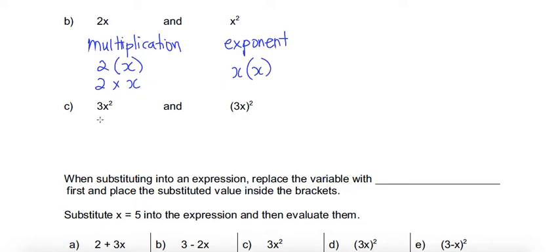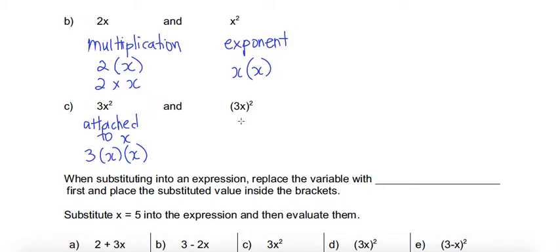And lastly, when we take a look at the two terms in part C, we have 3x squared and bracket 3x close bracket squared. In the first one in part C, the squared symbol is just attached to the x. So this would be the same as 3 times x squared, because x squared is x times x.